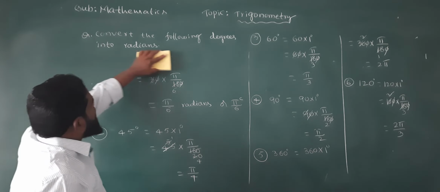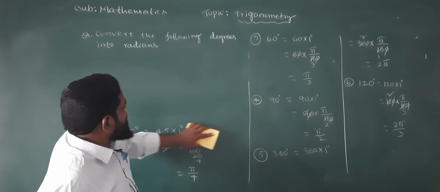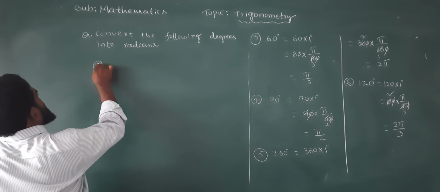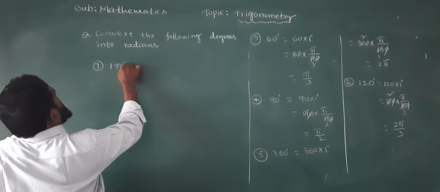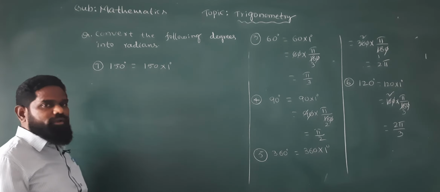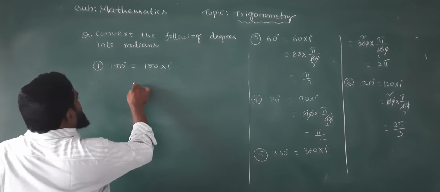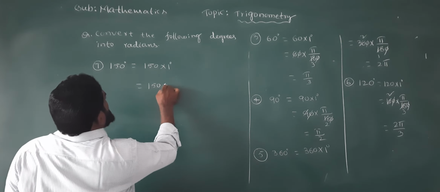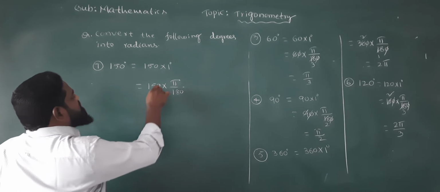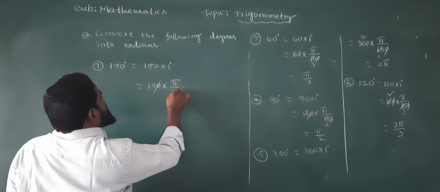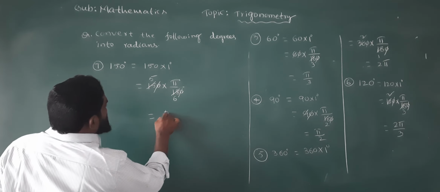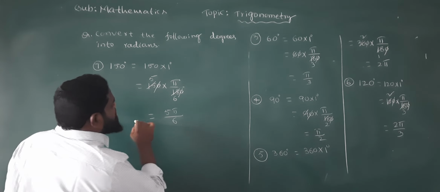Go for another problem. 150 degrees. Okay. Now 150 degrees equals 150 into 1 degree. This can be taken as 150 into pi by 180 radians. What will come here? 0 gets cancelled. 5 pi by 6.